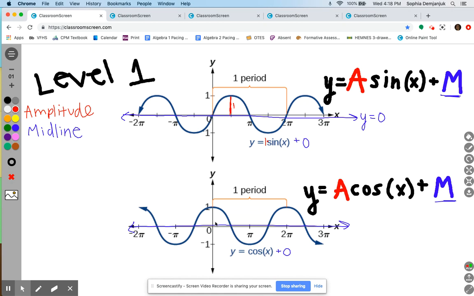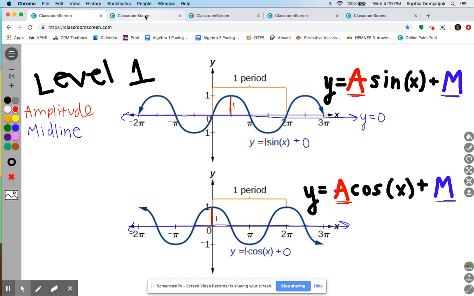Same thing with the cosine, going from the midline, that middle point, to the amplitude. To find the amplitude, you're going to go from that midline to the highest peak, or you could do it to the lowest peak. And we can see that again, it was just 1. So there's a pretend 1 being multiplied out in front. So once you find the midline, you're going to add it to the end. Once you find the amplitude, you're going to multiply it out in front.